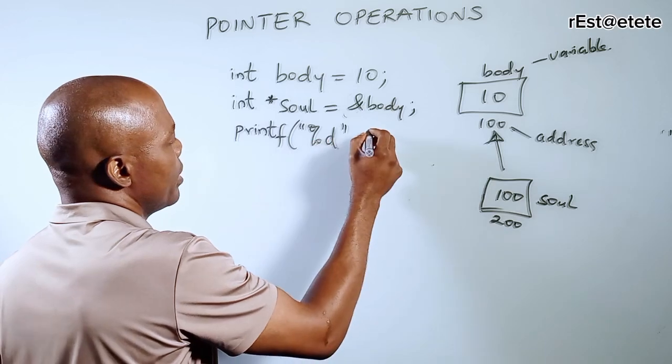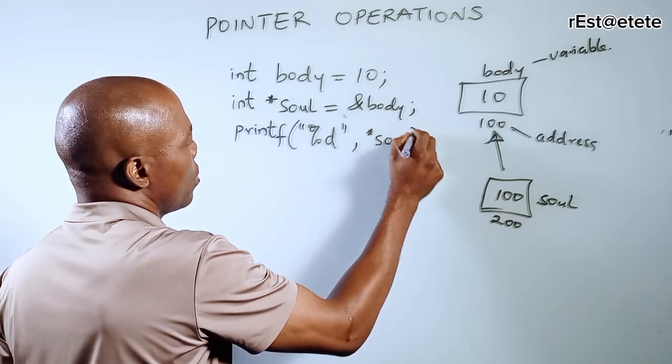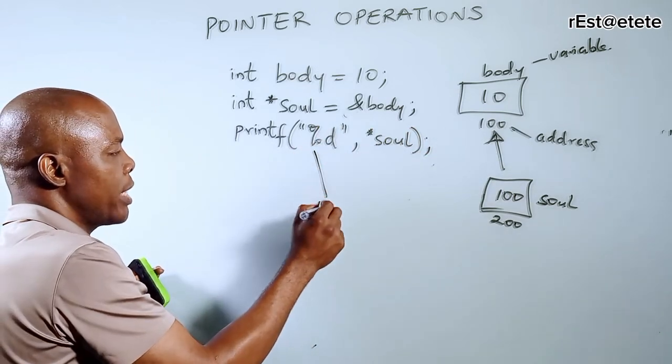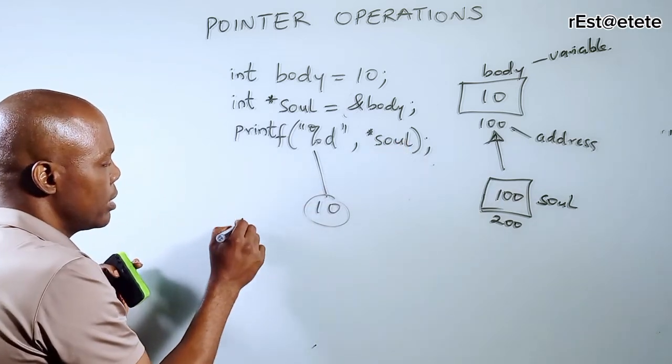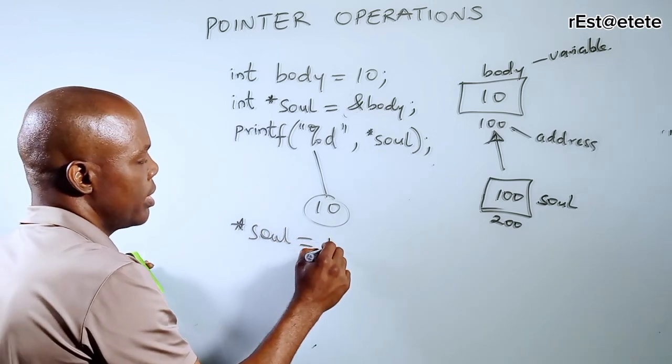Then I will say soul. So this one will now produce 10 outside. Why? Because of this guy. So this soul is what? The reference operator.